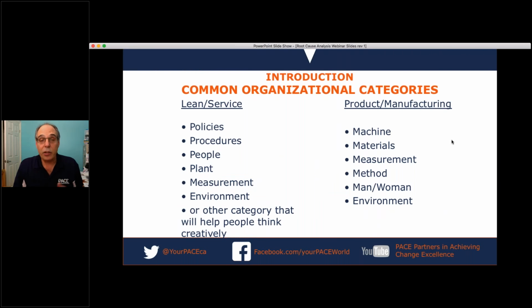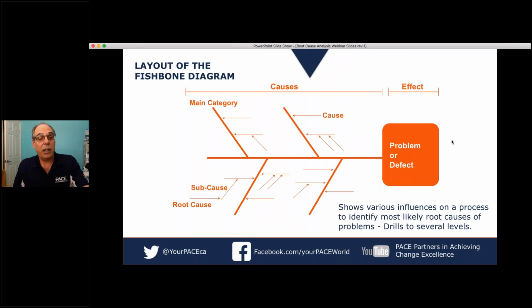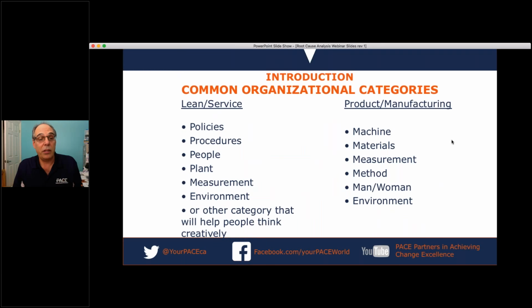So how we like to organize the information to help make it simpler to look at is to state some main categories. If this is a service industry side of things: policies, procedures, people, plant, measurements, environment, or other categories that will help you think clearly.